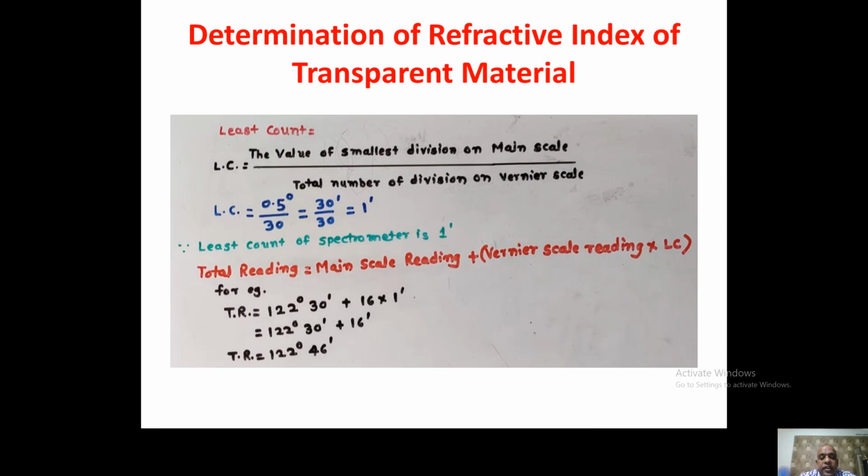The total reading is equal to the main scale reading plus the vernier scale reading multiplied by the least count.